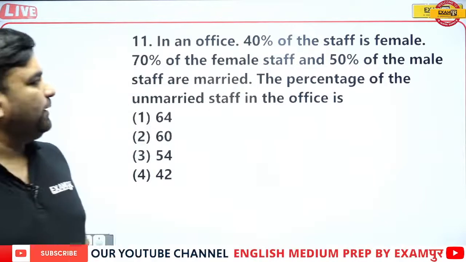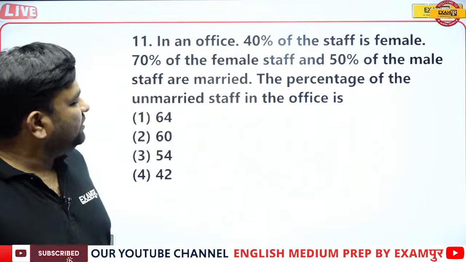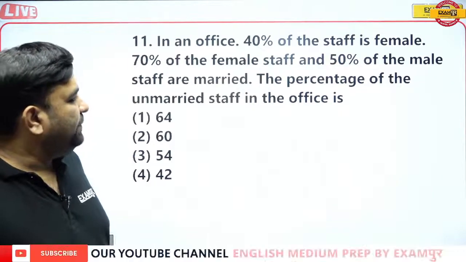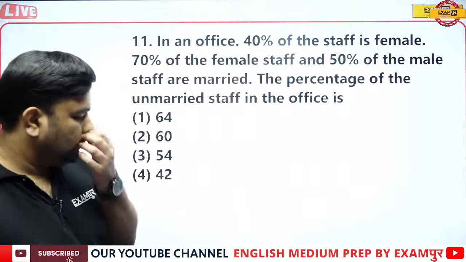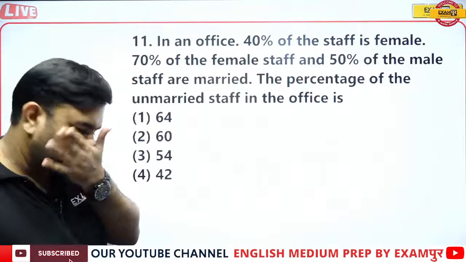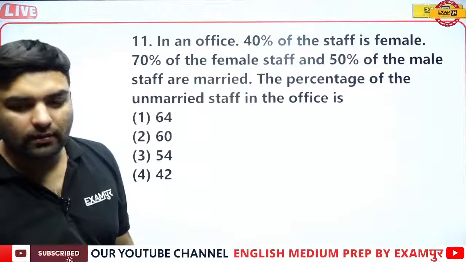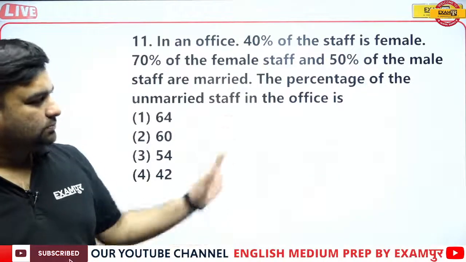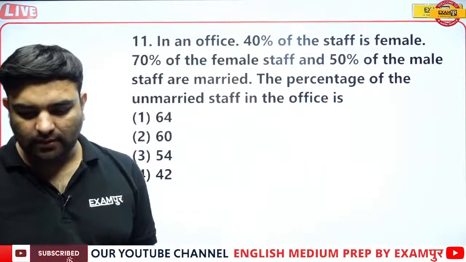In an office, 40% of the staff is female, okay? 70% of the female staff and 50% of the male staff are married. Obviously, not to each other. They are married outside the office.